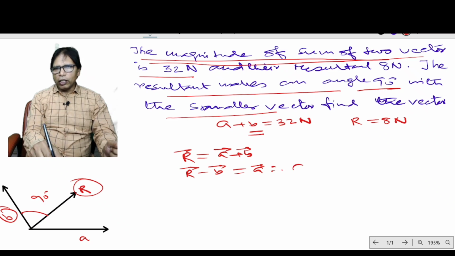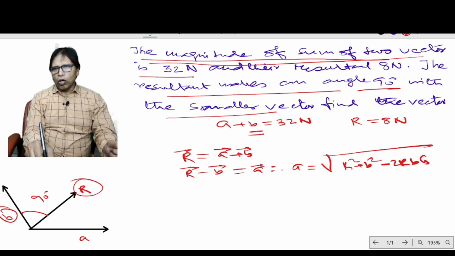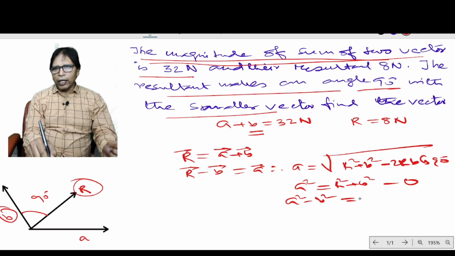So from this condition, A = √(R² + B² − 2RB cos 90°). So look at this, A² = R² + B² − 0. So A² − B² = R², that is 8².